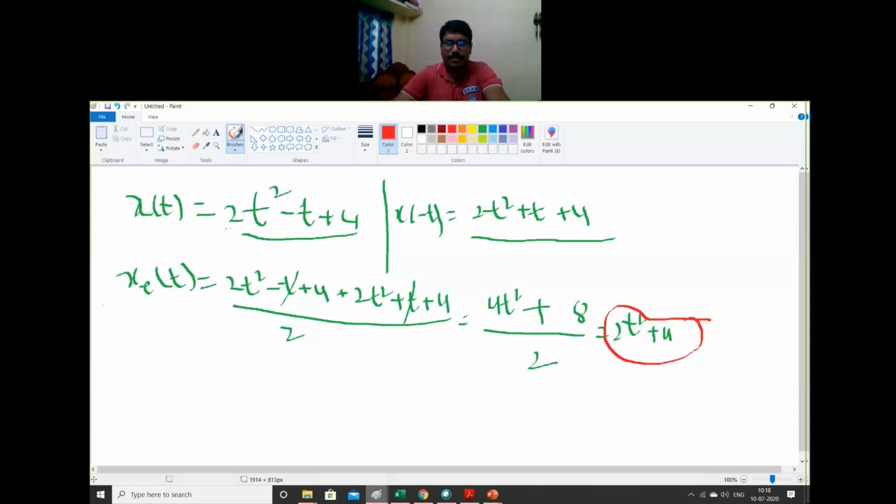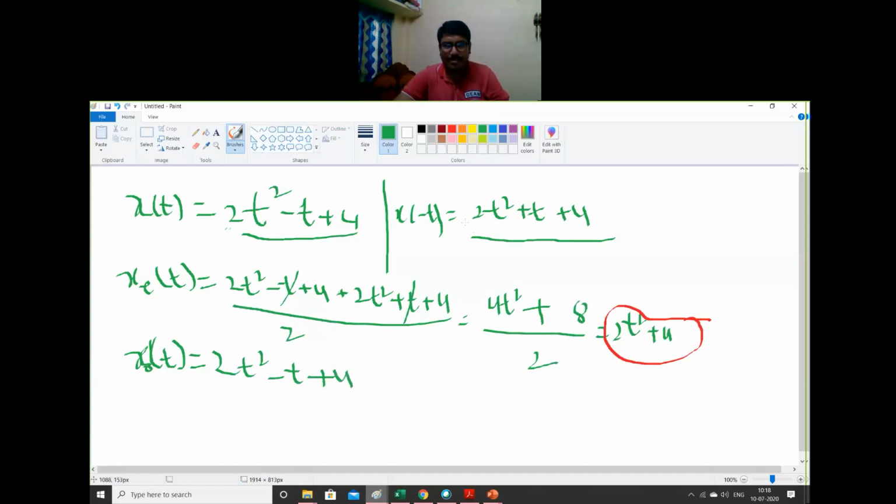Now I want to calculate similarly the odd part. So how to calculate the odd part? x_o(t). So x(t) is the same part: 2t square minus t plus 4, and here minus of x(-t).